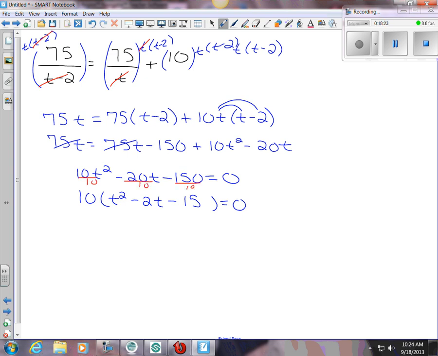That's what gives you what's in those parentheses. Good. T minus 5, t plus 3. So I get t equals 5, t equals -3. And they both check. Are we getting the hang of this?